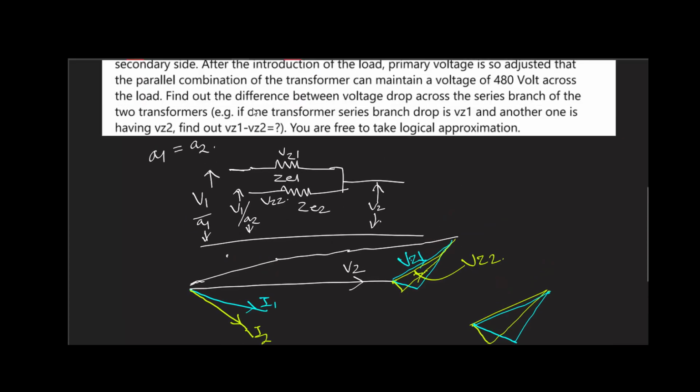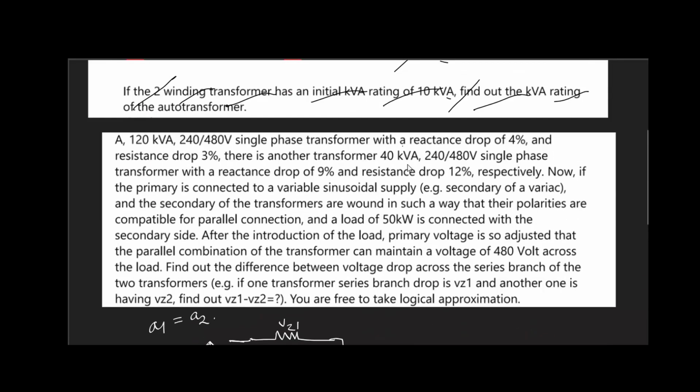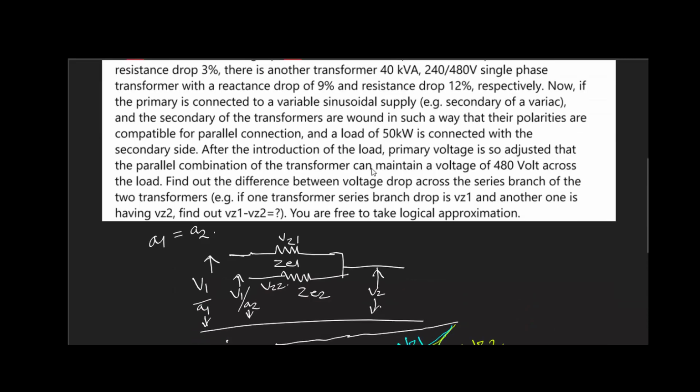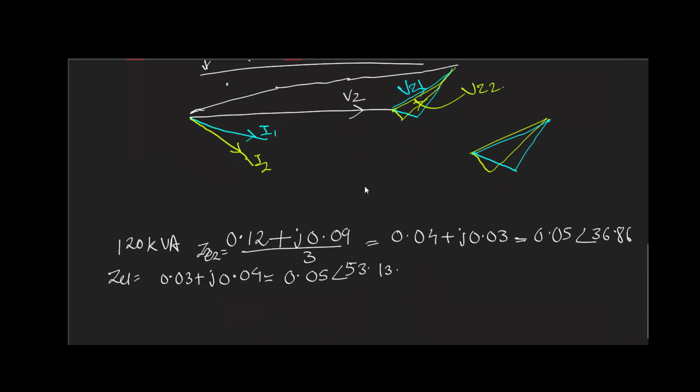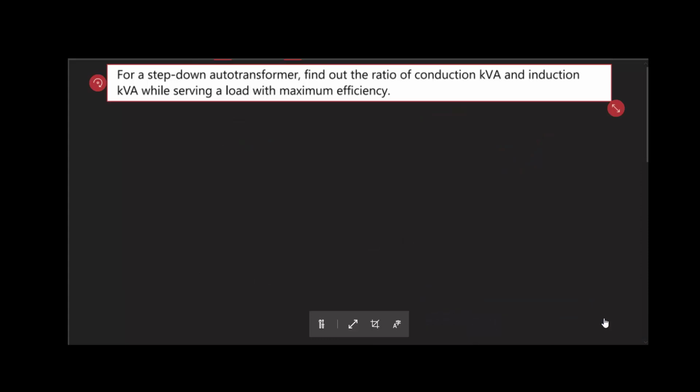When you are delivering power in this way, you can ensure maximum efficiency, and that is no surprise. And in case of a fixed winding step down autotransformer, as we have already discussed, it should be like this.